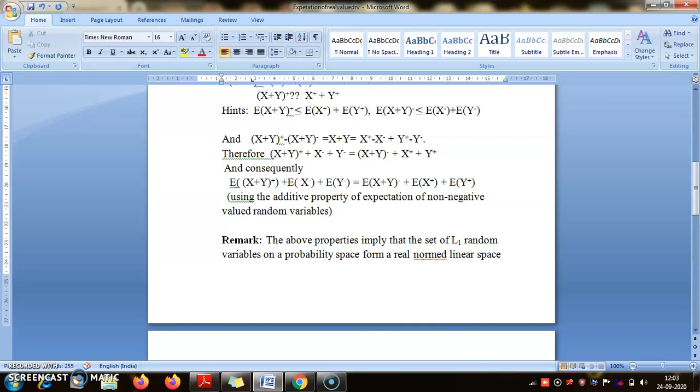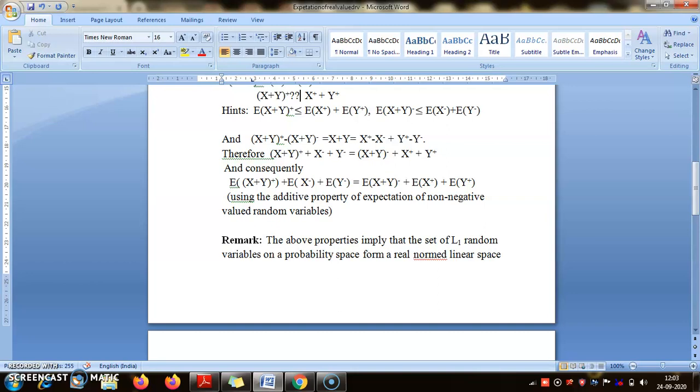Now if both x and y are positive, then that will be exactly equal to x plus y, which will be equal to x plus plus y plus. Now if both are negative, then this plus will be 0. Then x plus is also 0, y plus is also 0. You will get an equality. However, if one is positive, suppose x is positive, y is negative, then it depends upon the sign of x plus y.